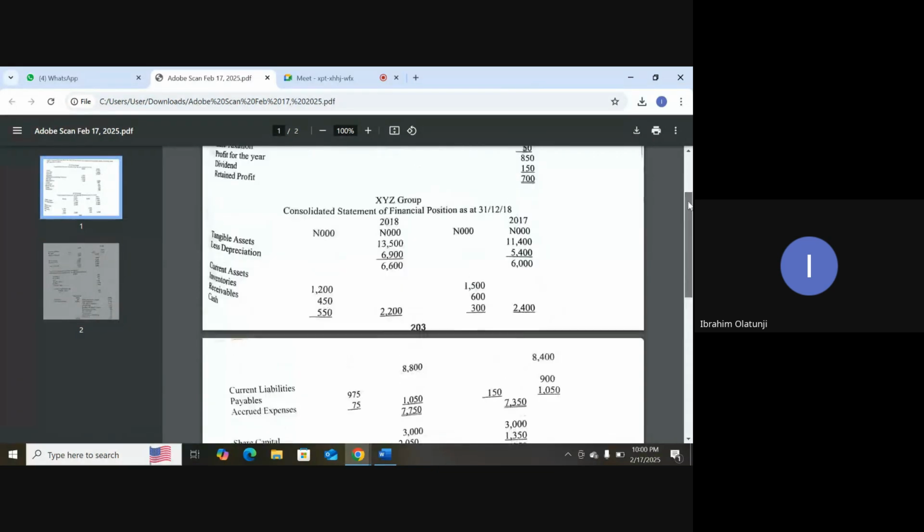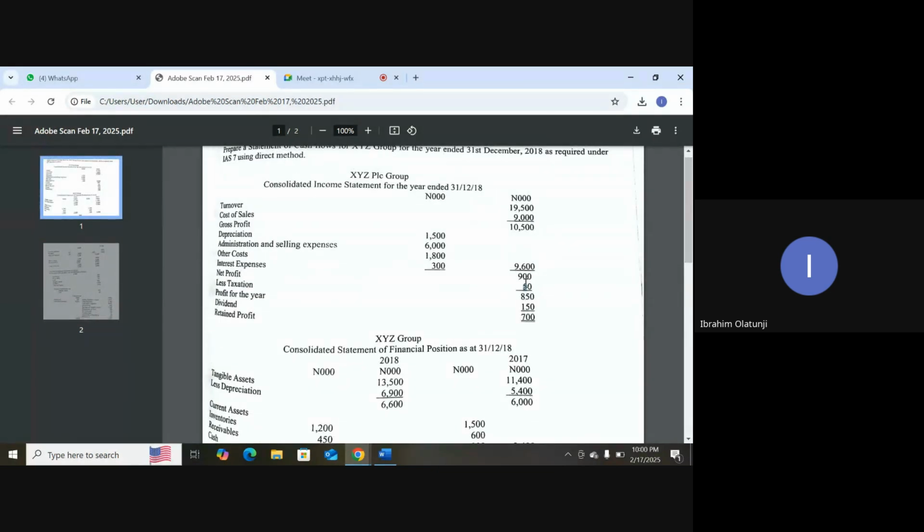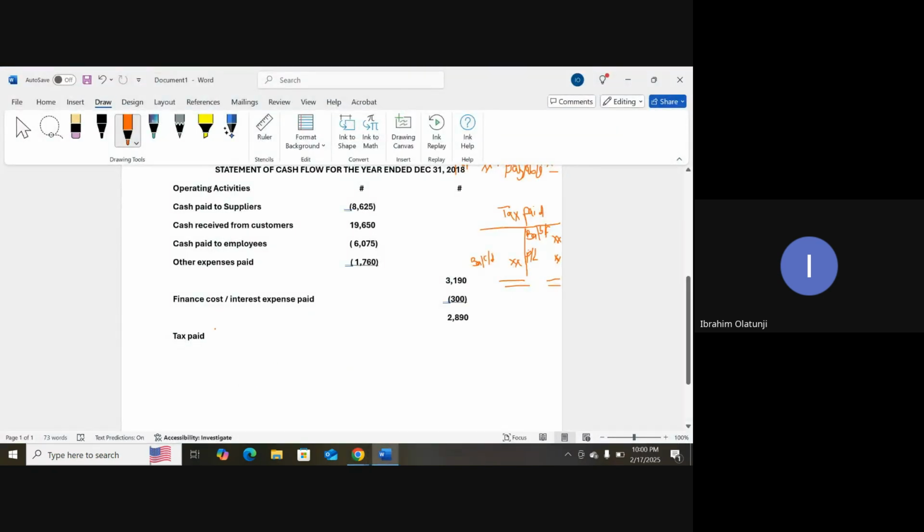That is why you don't need to do working for taxation. Just pick the 50 that is here and put it here. That's the tax paid, because they are not giving anything in your balance sheet that will make you do the adjustment. You just put the 50 as the tax paid. Then you subtract so that you are done with the operating activities.